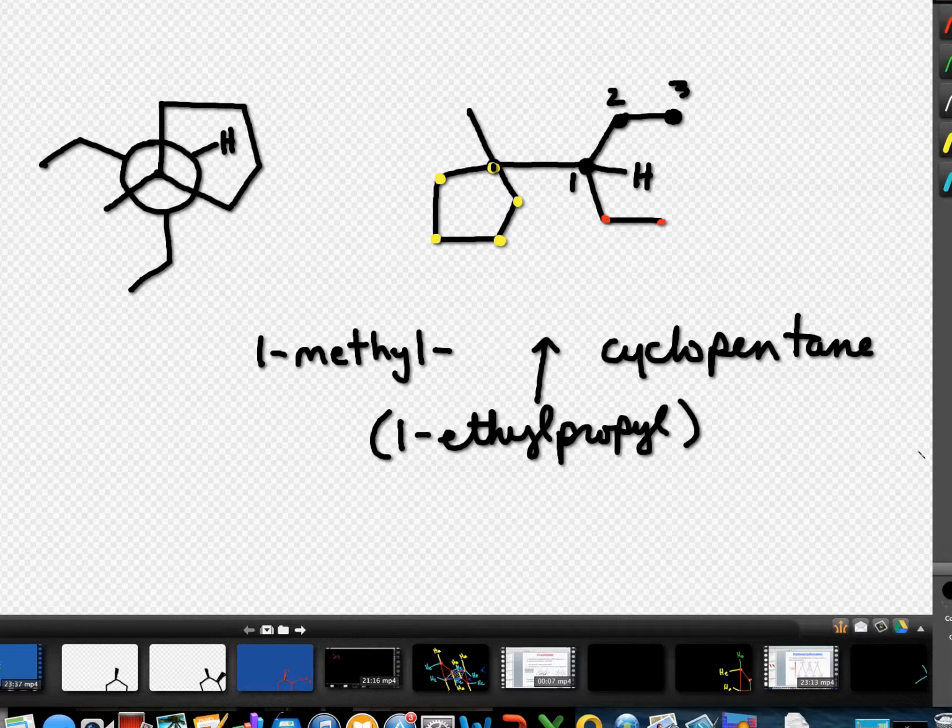Cyclopentane. Again, 1-methyl, 1-ethylpropyl, cyclopentane. This answers the first question.